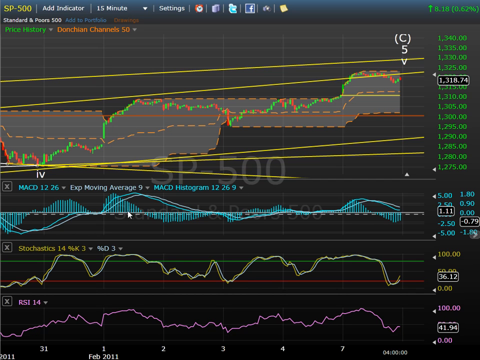As we can see with our MACD histogram and MACD here in the 15-minute time frame, that is in essence confirming that. The RSI and the stochastic, you could draw some different conclusions from those, but based on the degree and price, we have to assume that this is of smaller degree.